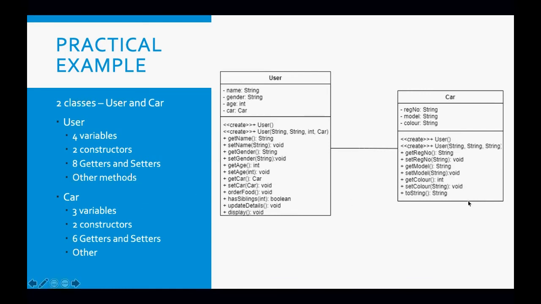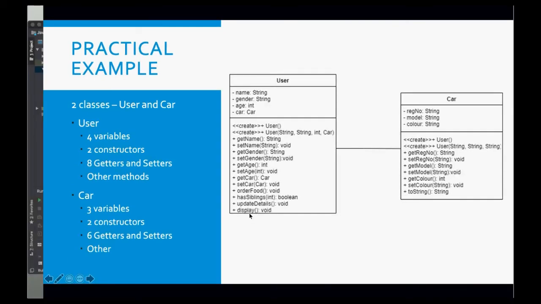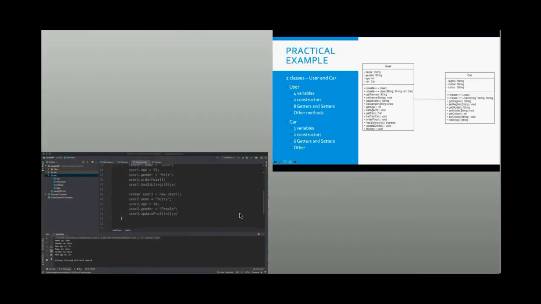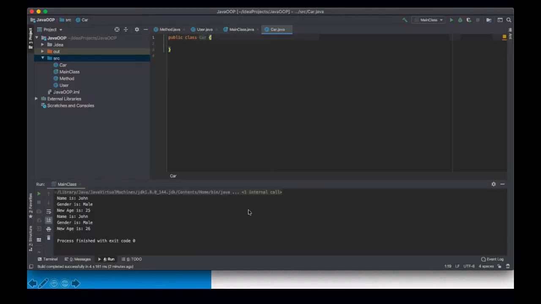So we're going to create a car class because we already have our user class. And for the car class, I've already created the car class. So we'll just declare the variables private: reg number, model, and color.